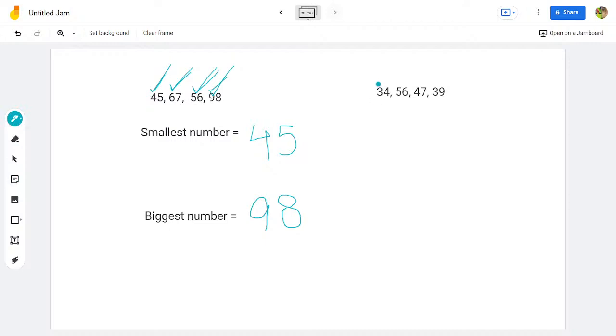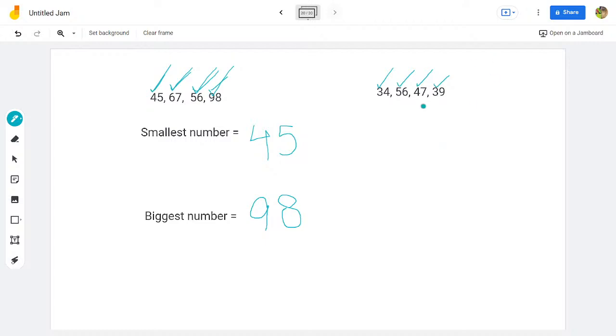So we would begin again with the tens column. Here we have a 3, 5, 4 and again a 3. Now this time I've made it a bit tricky for you. So this time we have 2 3s and then 5 and 4.